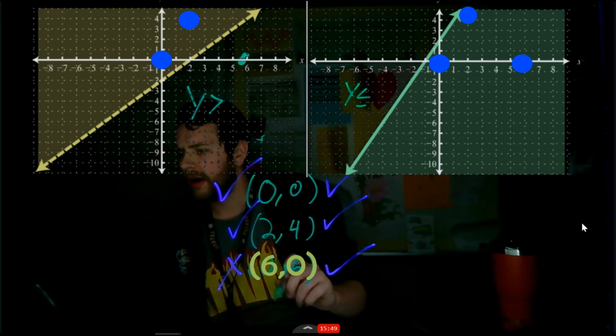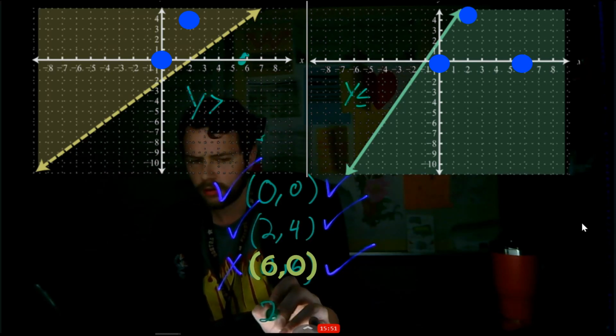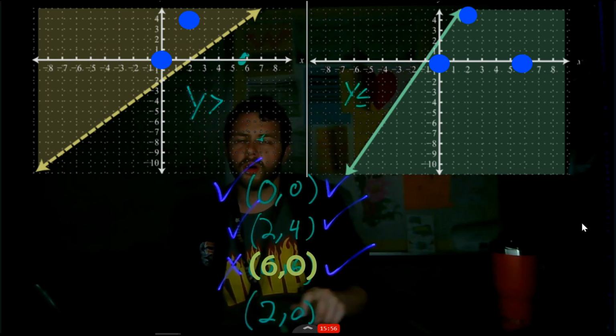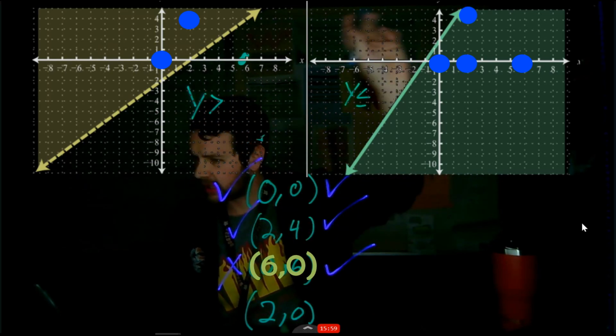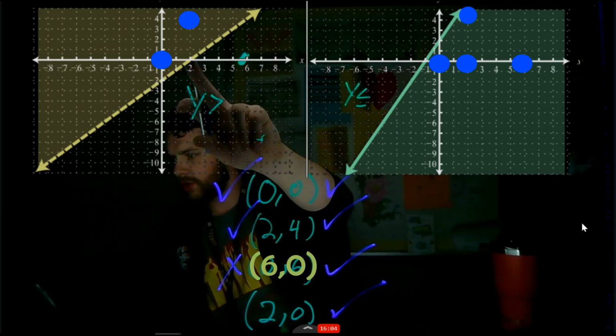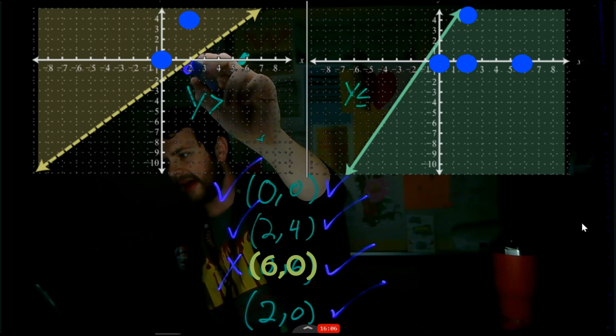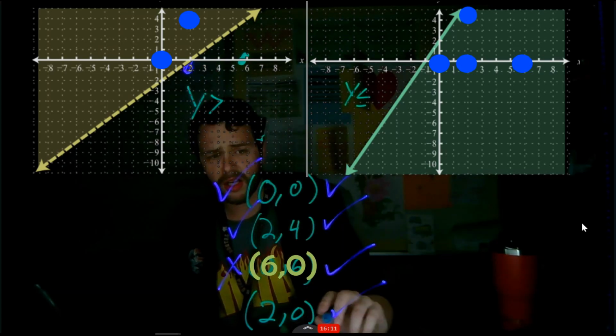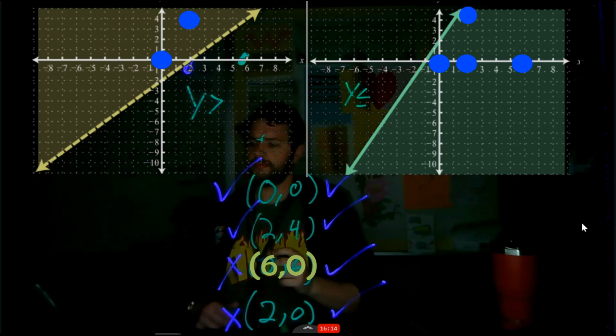How about 2 and 0? On this side, 2 and 0 is definitely in the shaded region. But over here, 2 and 0 is the x-intercept, where it crosses the x-axis, and that is a dashed line. This is not a part of the solution.